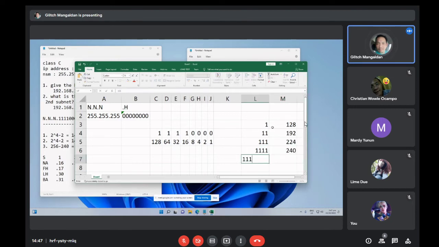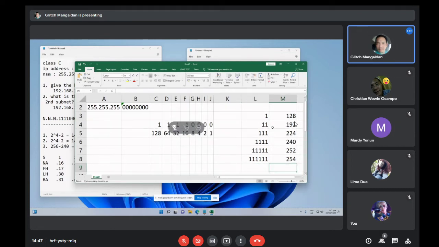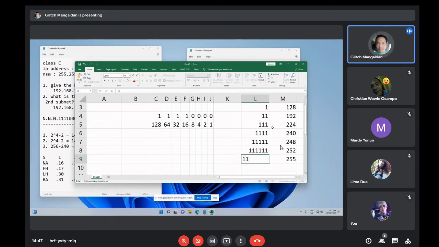Pag lima, 248. Tapos this is 252, and this is 254, and this is 255. Pag walo, 255.